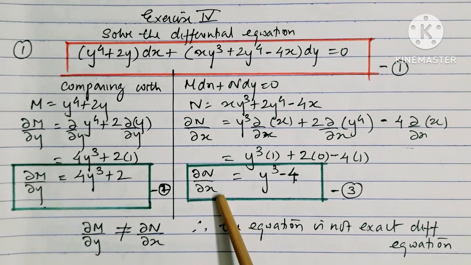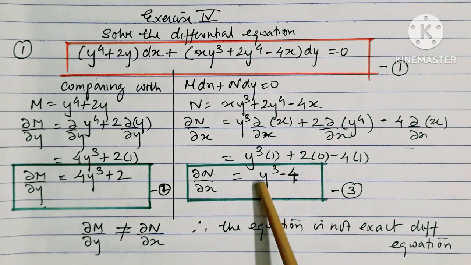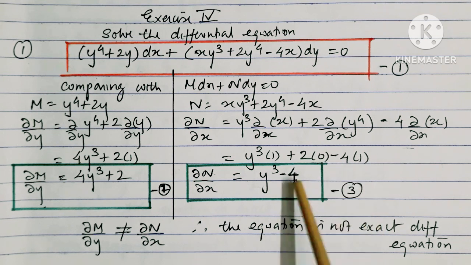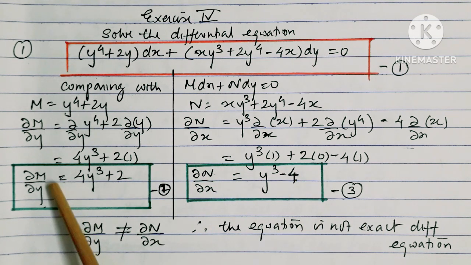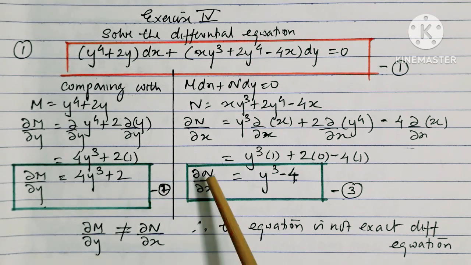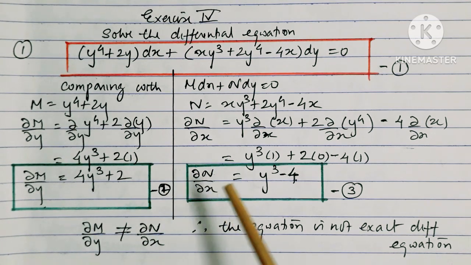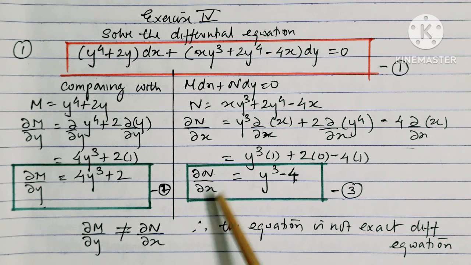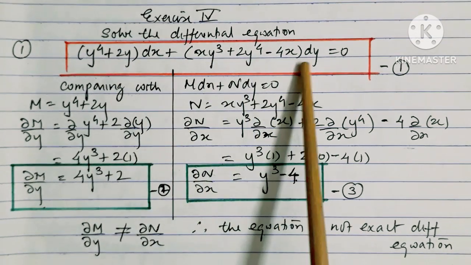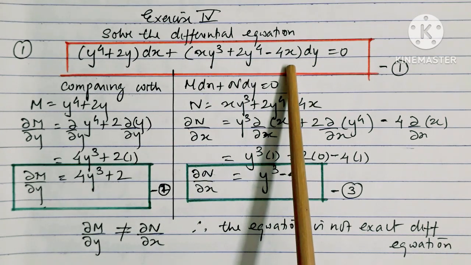So del N by del x will be equal to y^3 - 4. Now you can see that del M by del y is not equal to del N by del x. So the given differential equation is not an exact differential equation.